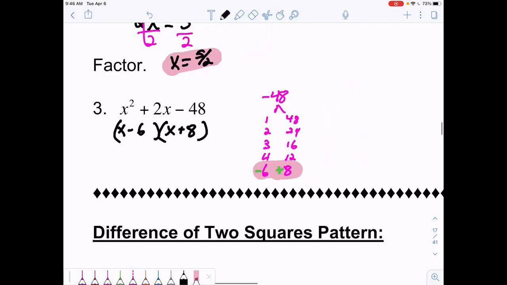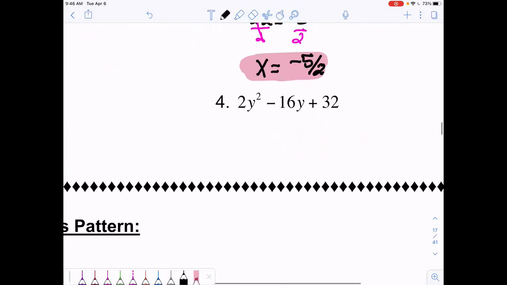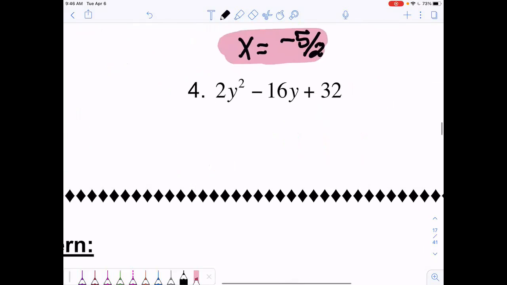Now, if we look at 4, TJ, is there a GCF in 2y squared minus 16y plus 32? Yeah, 2, 100%. So we can factor 2 out.